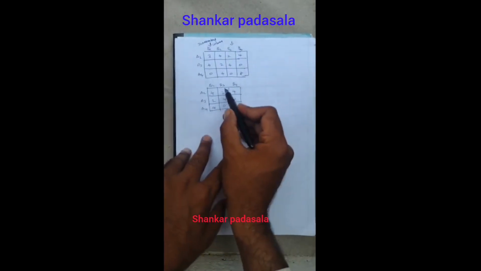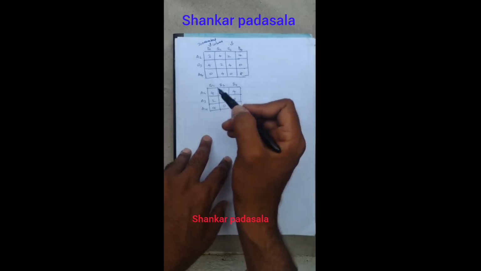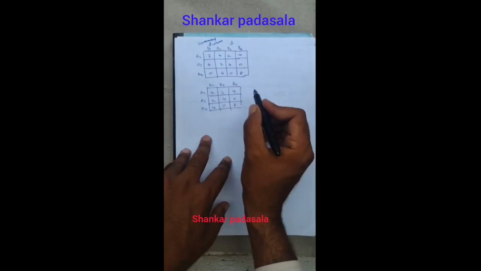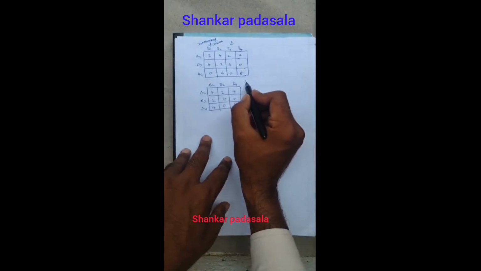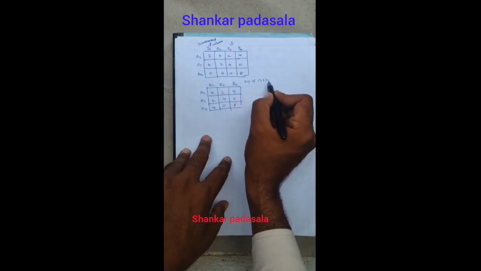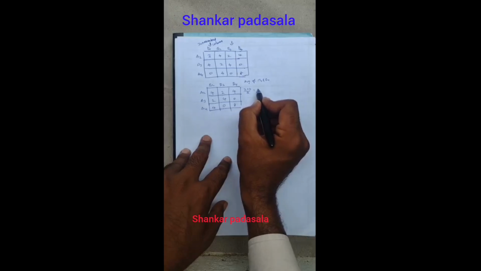And similarly, if you compare B3 and B4, 2 is lesser but 4 is greater. Here also we cannot apply it. So now I am going to take the average of B3 and B4. Average of B3 and B4 means 2 plus 4 by 2, I will get 3.